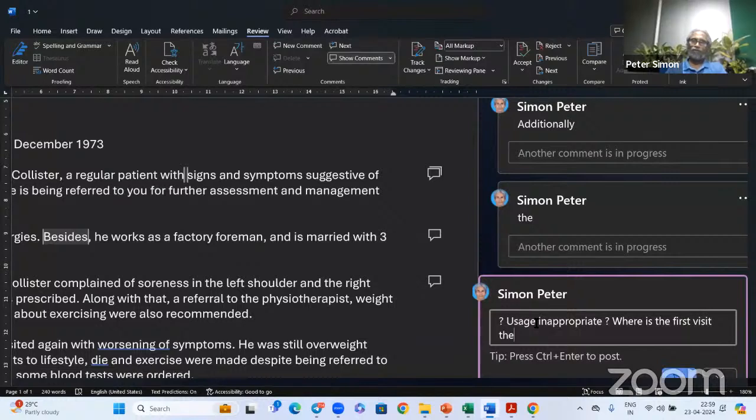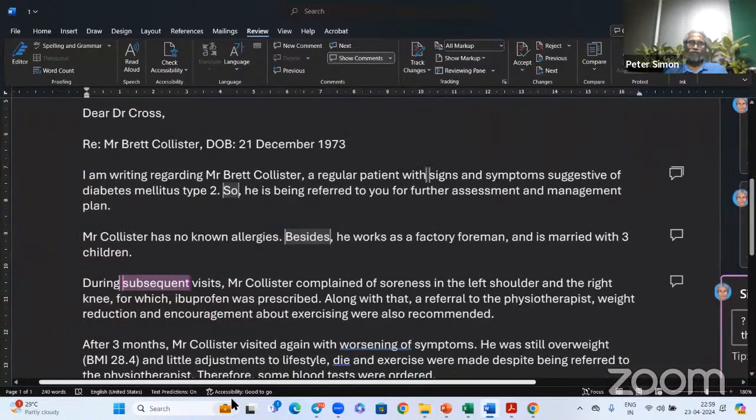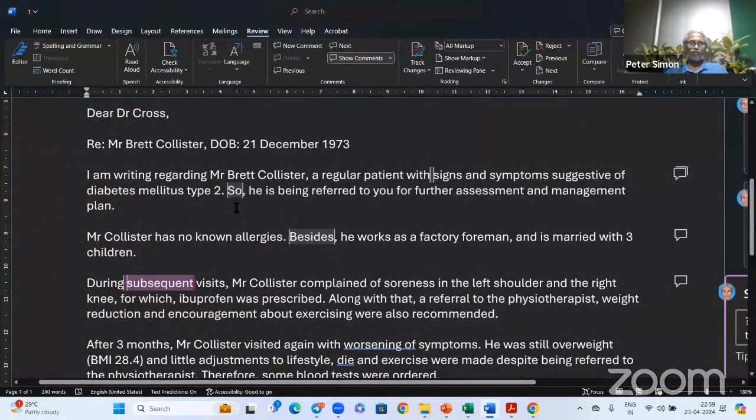Then where is it, the first visit? Today, 3 months back he visited. Initially he visited. During the following visits that you can see. You did not introduce the first visit and you are saying subsequent visits.